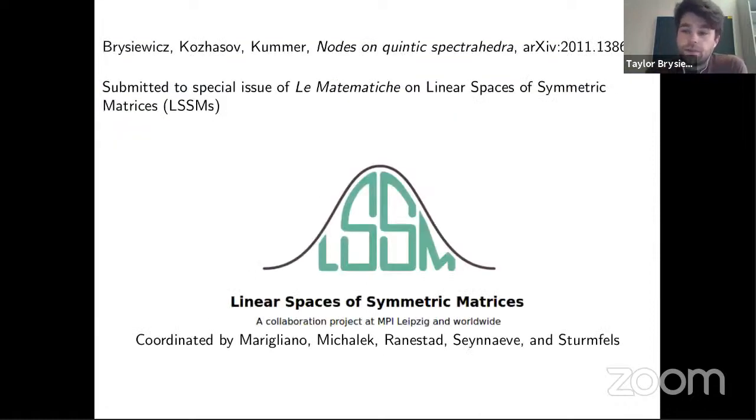So this project was inspired by a much larger project on linear spaces of symmetric matrices, which occurred last year, online, but centered at MPI Leipzig, where I'm at right now. It was coordinated by Orlando Marigliano, Mateusz Mechalik, Christian Ronstad, Tim Senaif, and Bernd Sternfels.